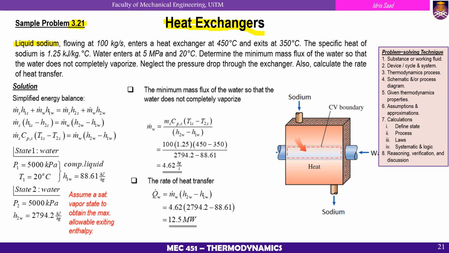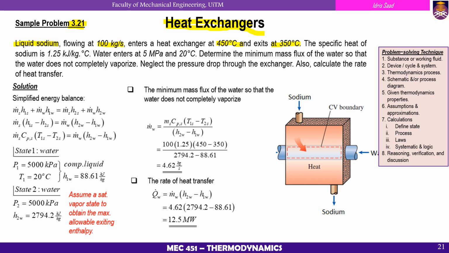I will explain later. Liquid sodium flowing at 100 kilograms per second. This is the mass flow rate of liquid sodium. It enters a heat exchanger at 450 degrees Celsius and exits at 350 degrees Celsius.